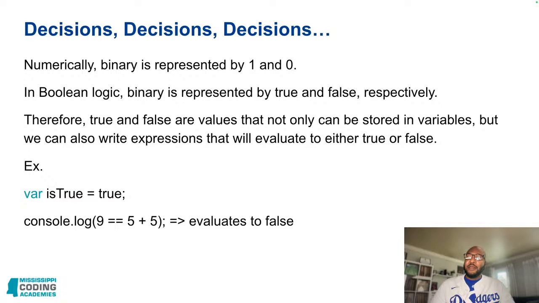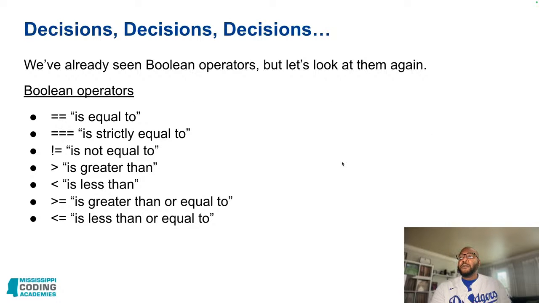And then console.log 9 is equal to 5 plus 5, and that will evaluate to false. So we can write expressions with Boolean logic as we have been with arithmetic logic. And here we go. We have our Boolean operators. Let's look at them again.